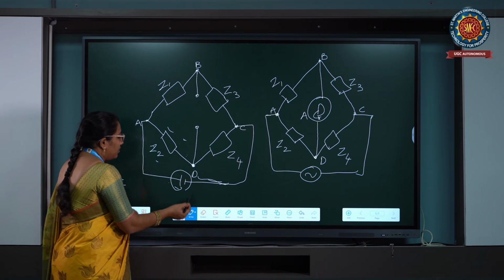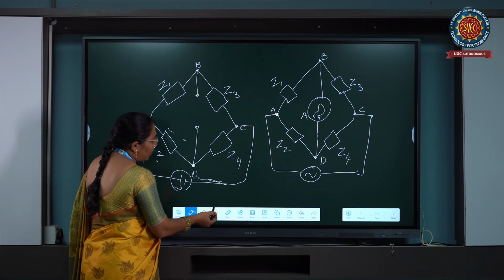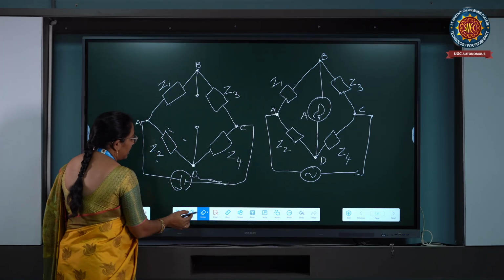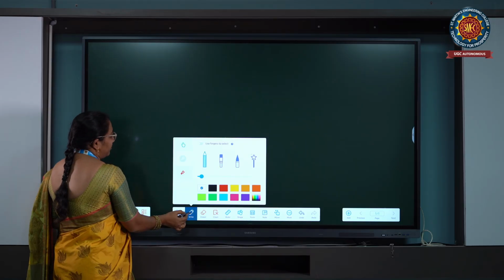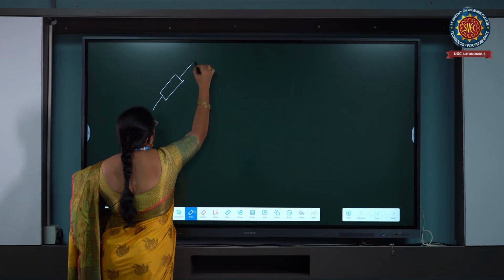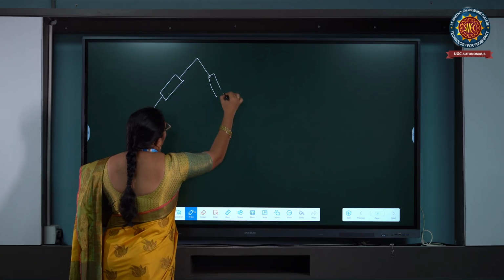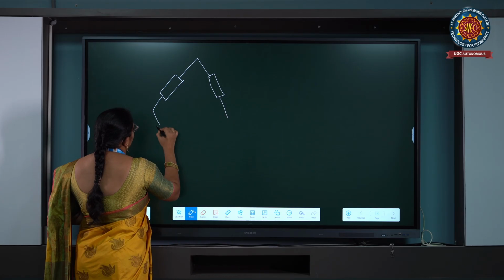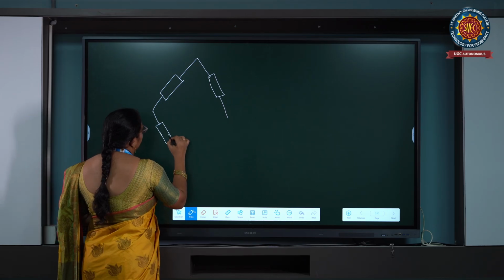So let's see what the general equation for bridges is. I am taking one AC bridge to form a general equation, meaning the balance equation for the AC bridge.